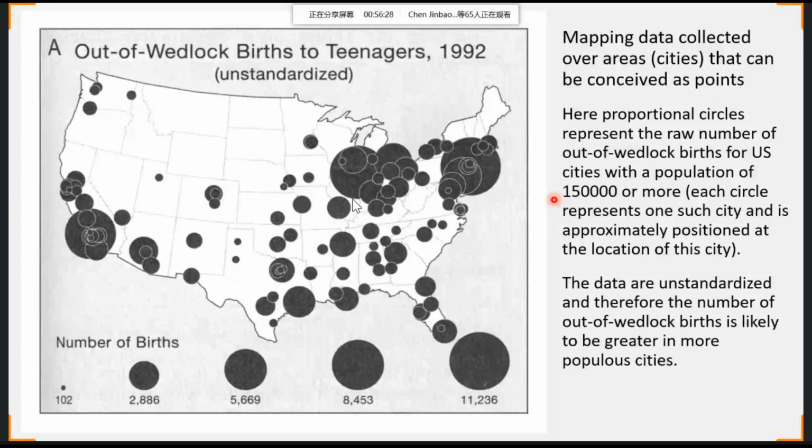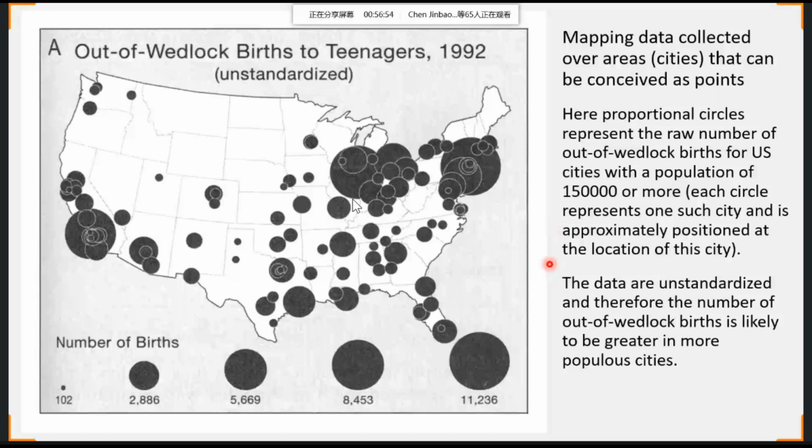So it's also kind of conceptual point data, but here, due to the scale, the cities are usually represented as points. So therefore, it's more realistic or more intuitive than representing a whole area by such dot symbols or circles.